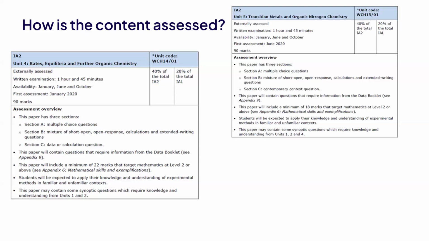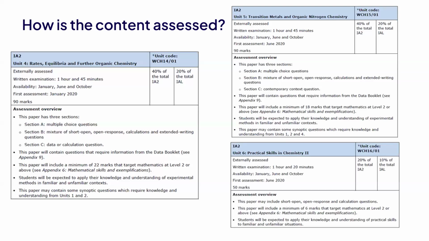And in Unit 5, again, 1 hour 45 minutes long, 90 marks. You've got 3 sections, multiple choice, a mixture of short open response calculations and extended writing questions. And section C is a contemporary context question. And Unit 6, the practical skills, a 1 hour 20-minute paper worth 50 marks.